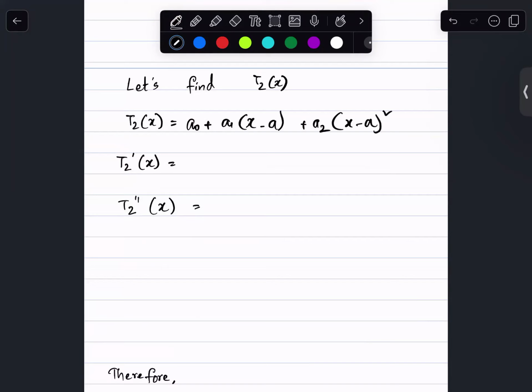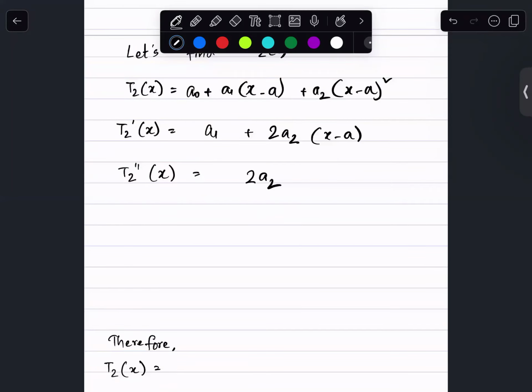But then I also know that T2 prime should be, if I do the derivative straight away, I'll get this, right? And if I take the second derivative, then I'll get 2a2.